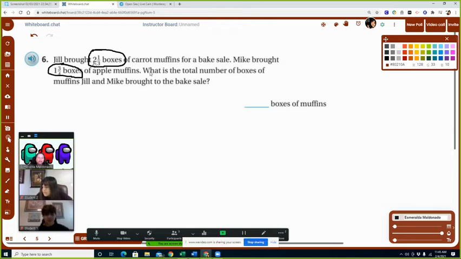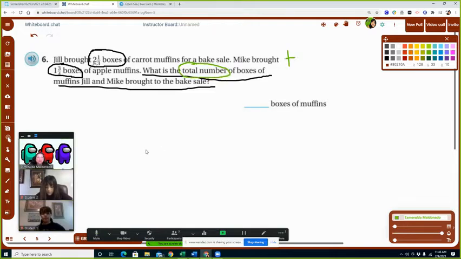The question says, what is the total number of boxes of muffins? That is what I'm trying to find. What is the keyword here that tells us whether we have to add or subtract, Vanessa? Total. It means that we're going to add.